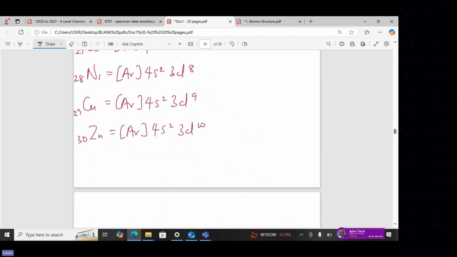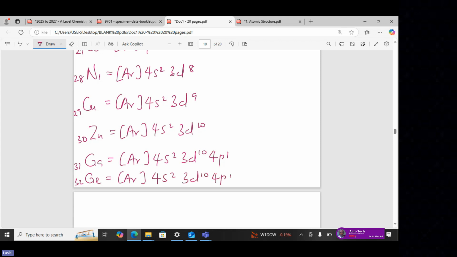After 3d is 4p. Gallium is number 31: argon 4s2, 3d10, 4p1. Then germanium is number 32: argon 4s2, 3d10, 4p2.